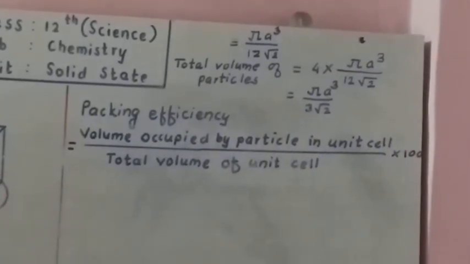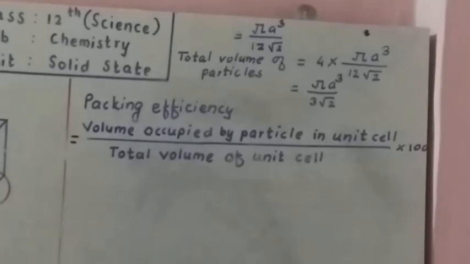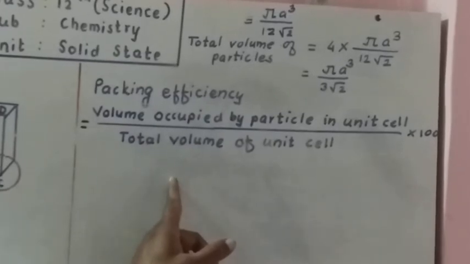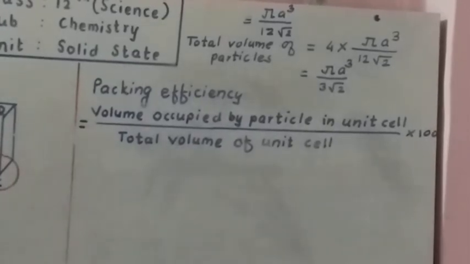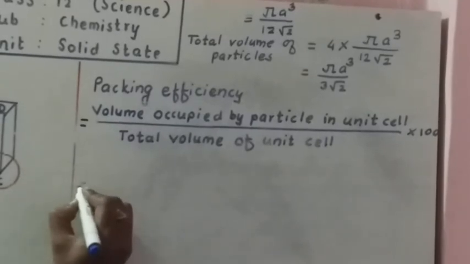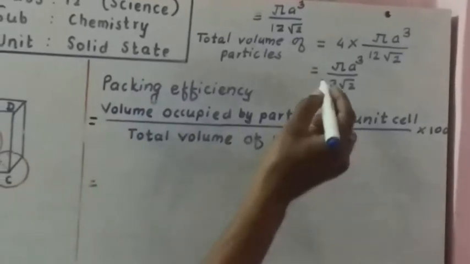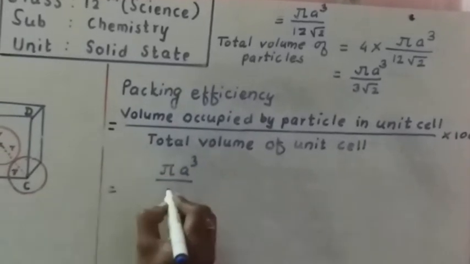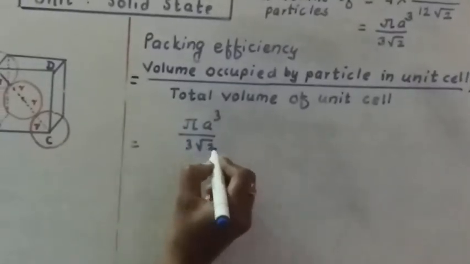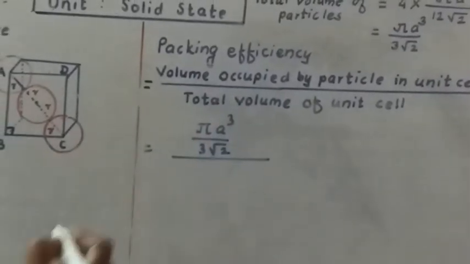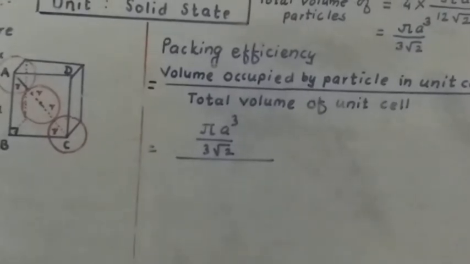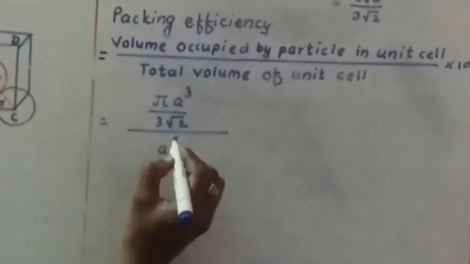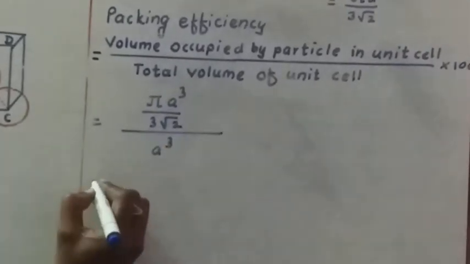Now packing efficiency is the volume occupied by particles in the unit cell upon the total volume of the unit cell, into 100. So put in the values. The volume occupied by these 4 particles is pi a cube upon 3 root 2, upon the total volume of this cube, which is a cube.